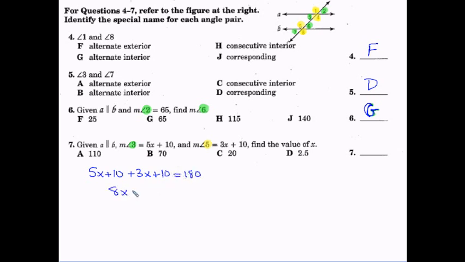So that gives me 8x plus 20 is equal to 180. Subtract 20 from both sides, and I get 8x is equal to 160. Divide by 8, and I get that x is equal to 20. So that's C.